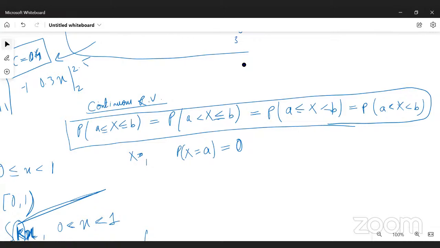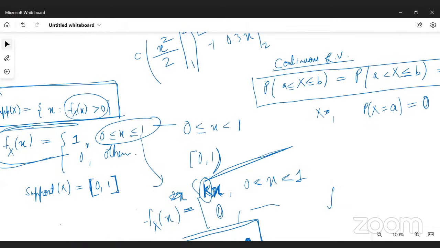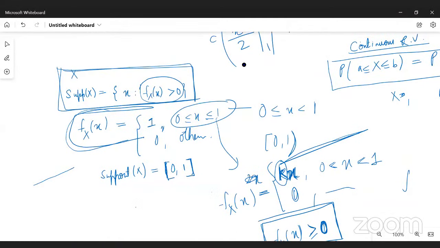Okay. So in this case, even if you include 0 or 1, f_X(0) at a particular point will be 0. So this is why we are saying that the support is 0 to 1, but an open interval.